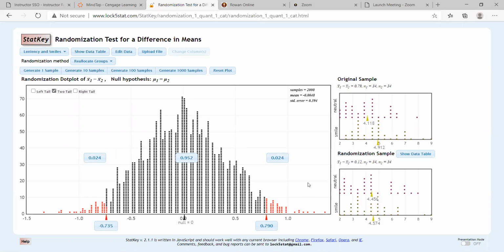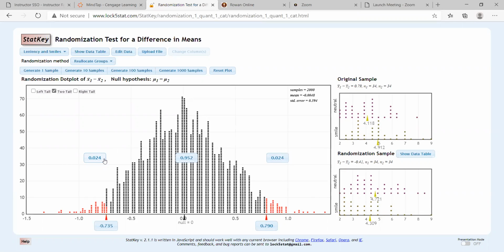So if our alpha is 0.05 and the sum of these two is 0.048, 0.048 is less than 0.05, we would reject the null hypothesis. So at the 5% level of significance, since 0.048 is less than 0.05, we're going to reject H naught.